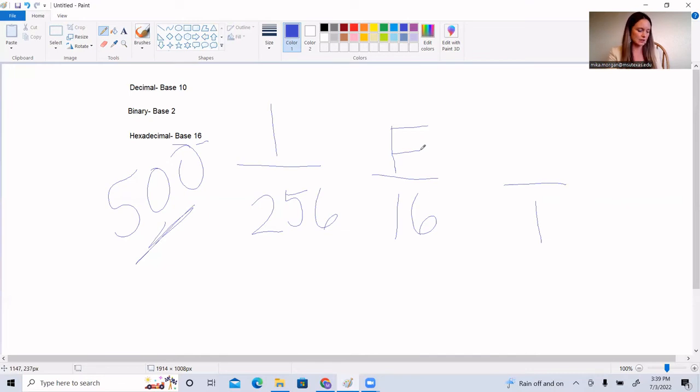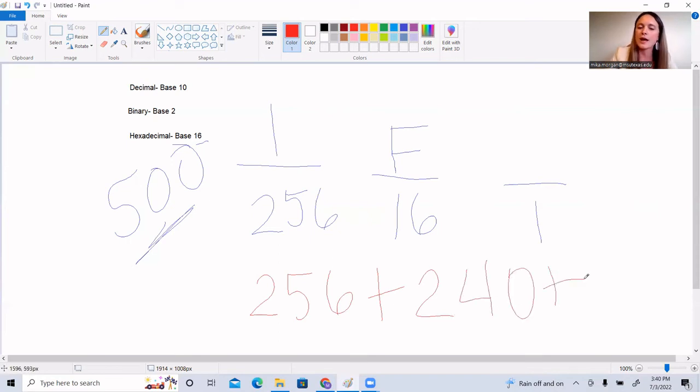So how much do we have right now? 1 times 256 is worth 256. What is 15 times 16? That's what I have right here: 15 times its place value. That's 240.